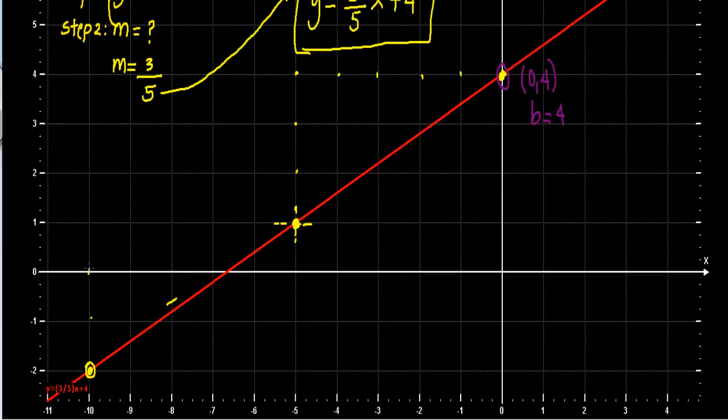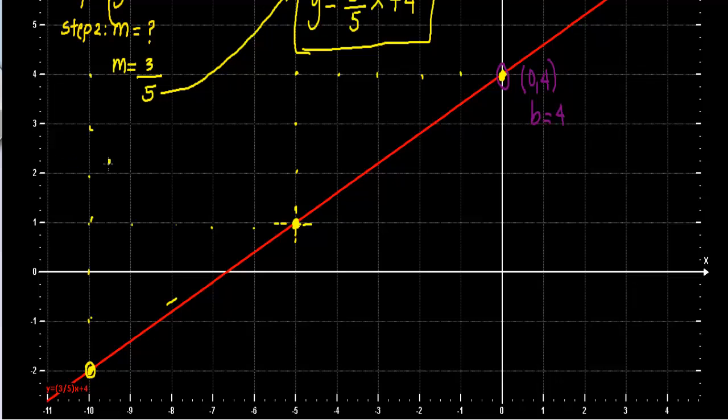1, 2, 3, 1, 2, 3, 4, 5. I could also work from this point all the way to this point. I should get the same slope. Let's see. 1, 2, 3, 4, 5, 6.